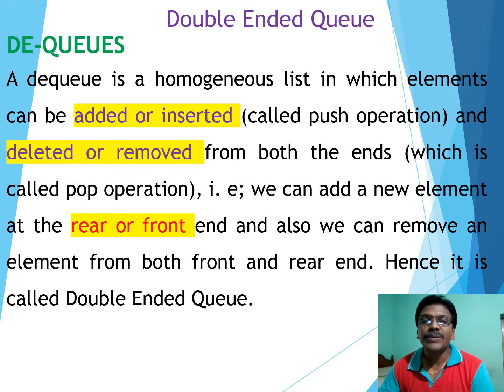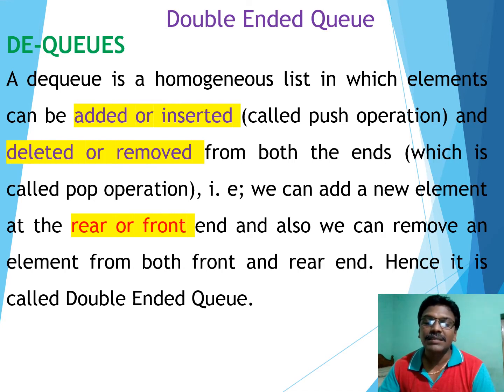We can add a new element at the rear or front end, and also we can remove an element from both front and rear ends. Hence, it is called a double-ended queue. The double-ended queue operations can be performed at both ends, front and rear.